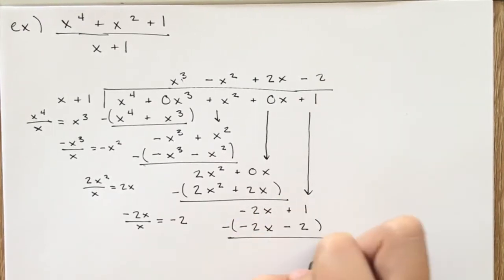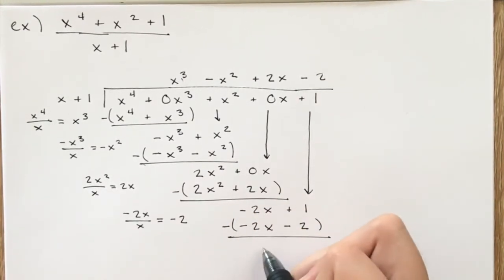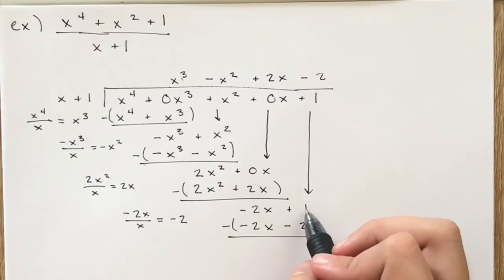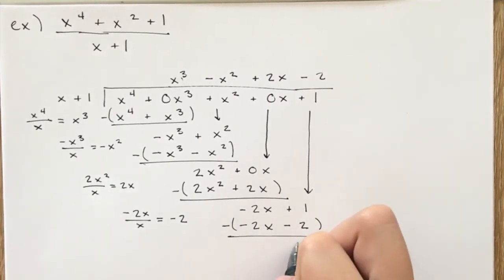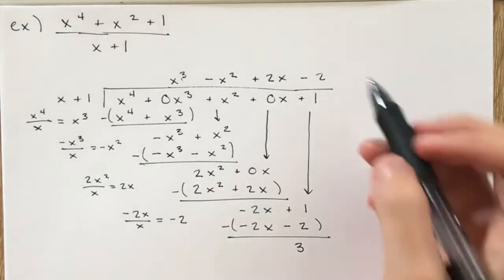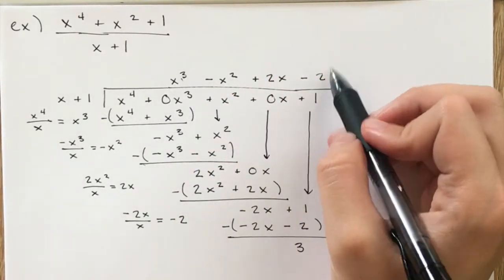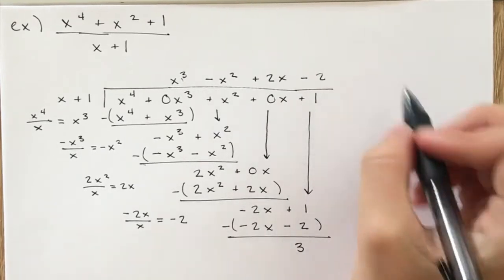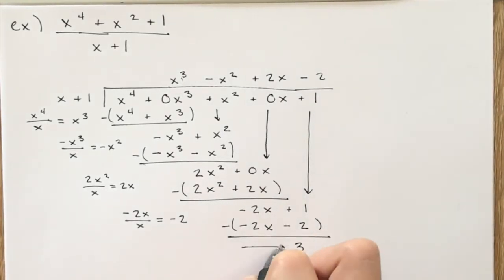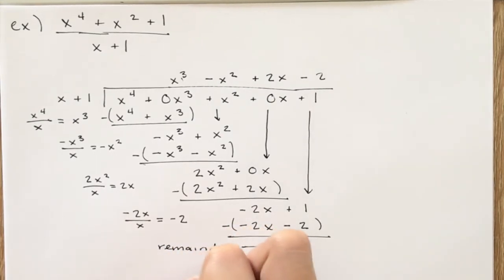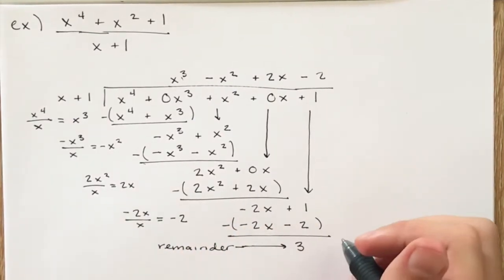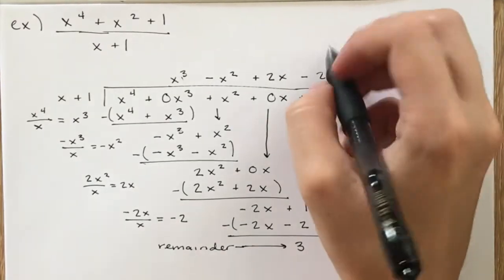We subtract all of that. We end up with 0, which we don't need to write, and then 1 minus negative 2, or 1 plus 2, so we end up with 3. Now, we've finished our quotient. There's no more terms to bring down, so this is our remainder, and this is our quotient.